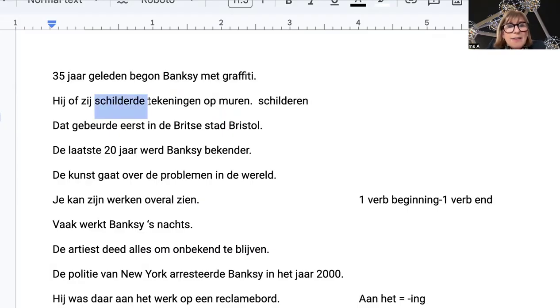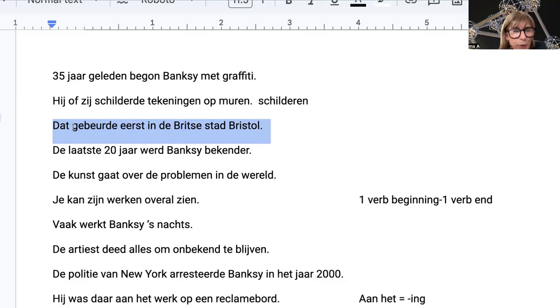So he painted. You see, this part here is the past tense. We have not talked about it, so just accept it for the moment. So he painted drawings on walls. Dat gebeurde eerst in de Britse stad Bristol. So that happened first in the British city Bristol.